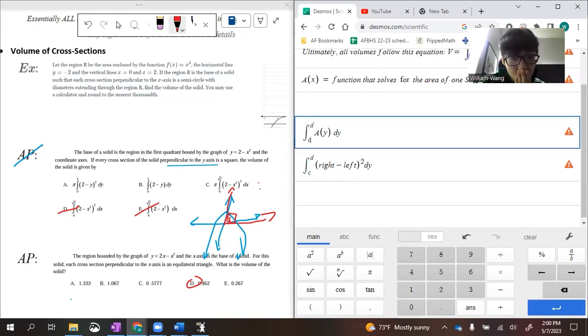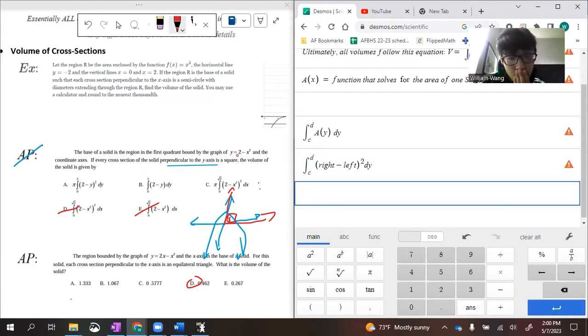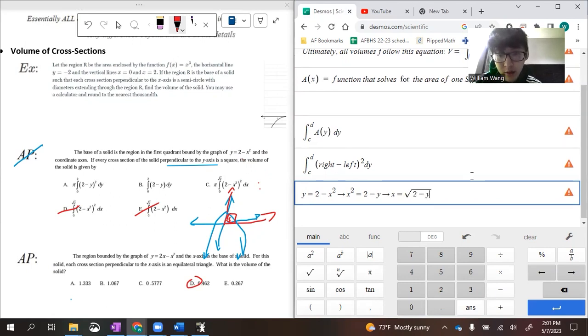My right function is still this parabola, but it's not going to be y equals 2 minus x squared because that's in terms of x. We have to solve for x so it's in terms of y. So x squared is equal to 2 minus y, so x is equal to the square root of 2 minus y.